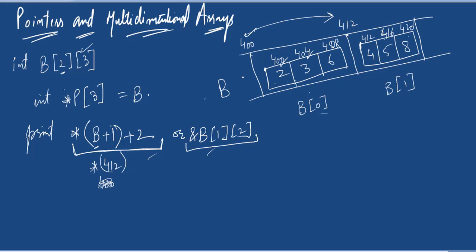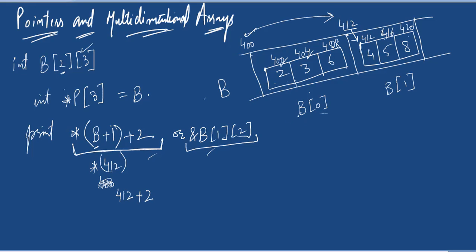When I dereference it, it will reach the internal array, and the internal array has the starting address of 412, and the starting address represents the whole array initially. So it will give me 412. And I am incrementing 412 by 2.